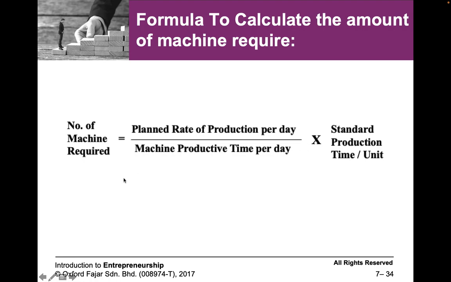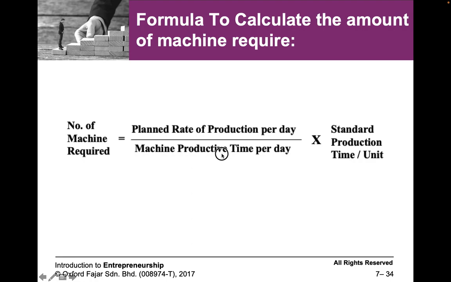Okay, so let's say I calculate. 70 is the planned rate of production. 70 divided by the machine productive time per day, which is 7 hours, because 8 hours is the operation hours minus the setting up and also downtime.